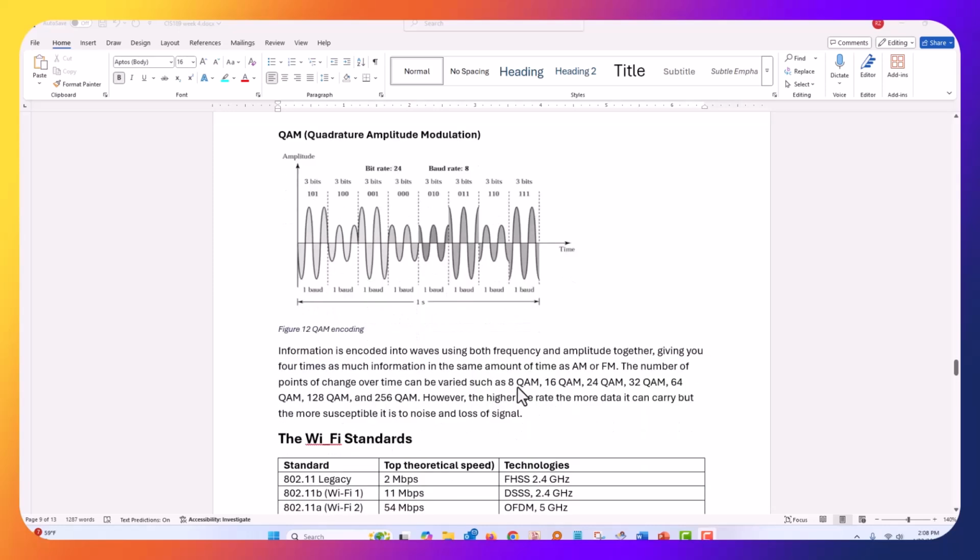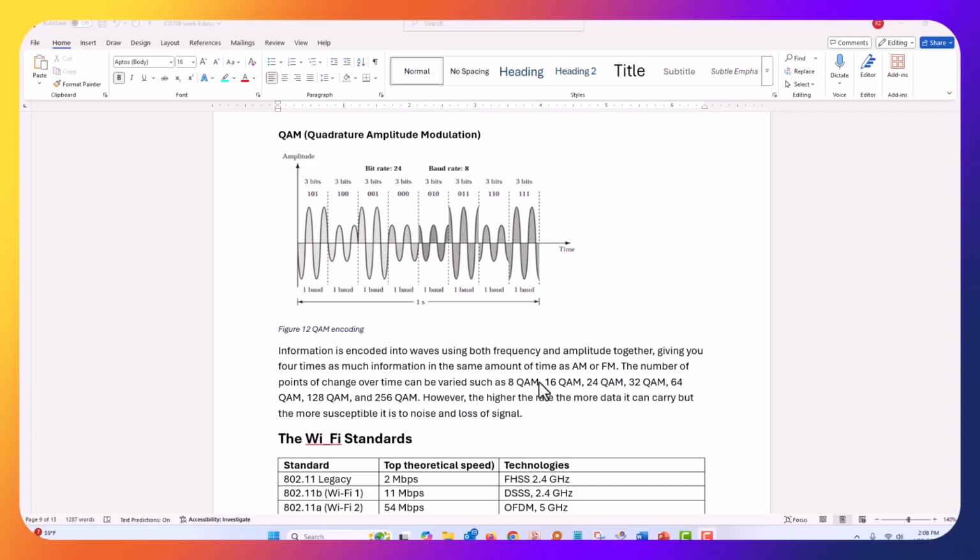We can have an 8 QAM, 16, 24, 32, 64, 128, and 256 QAM, and on. You can actually go up to 512, 1024. The only problem with that is the higher you get, the less reliable it is. The more data it can carry, but the more susceptible it is to noise and loss of signal.